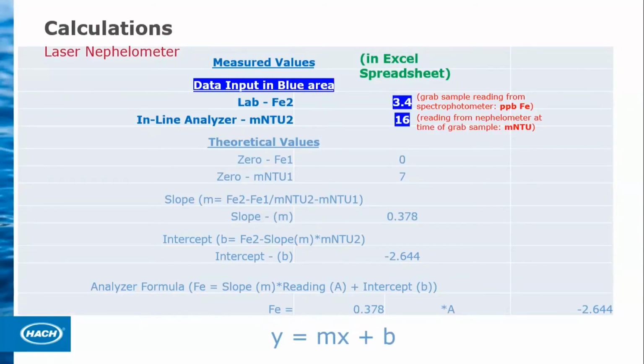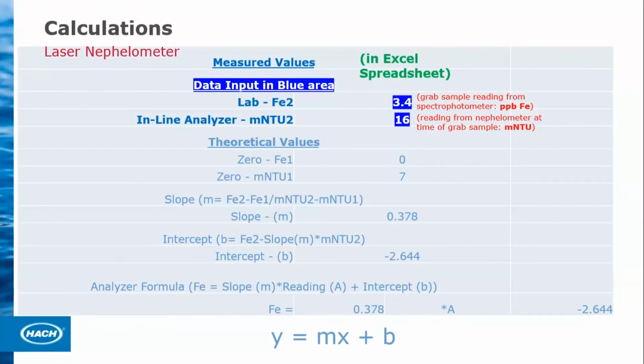Very easy to do a correlation. You would take a grab sample either after the nephelometer or at the same sample as the nephelometer. You'll do that laboratory reading and get a reading in ppb. You look at what your nephelometer is reading. In this case, it's reading 16 milli-NTU. I received a lab reading of 3.4 ppb.